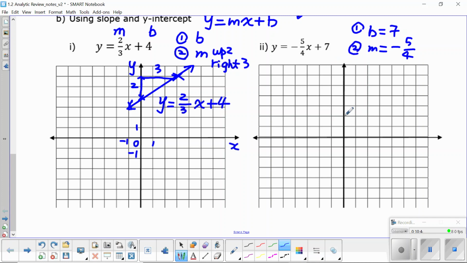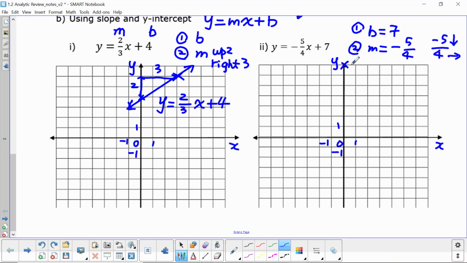Label the axis and the scales first: 7, 1, 2, 3, 4, 5, 6, 7. Then -5 over 4 is down 5, right 4. So the numerator represents up or down, and the denominator represents left or right.